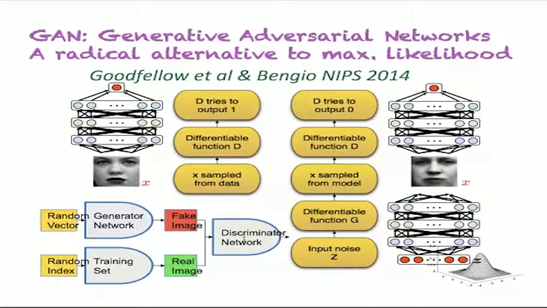So when we use the model, we just use the generator. But when we train it, we're going to couple the generator with a discriminator, and we're going to use the gradient of the discriminator's output with respect to the generator's output to train the generator.